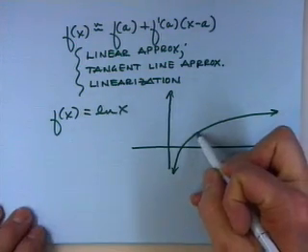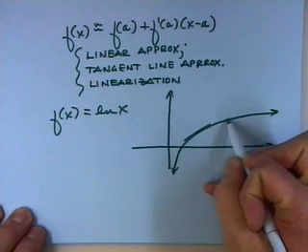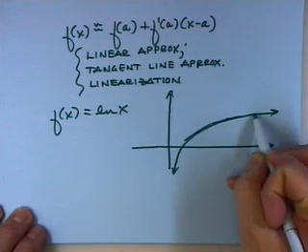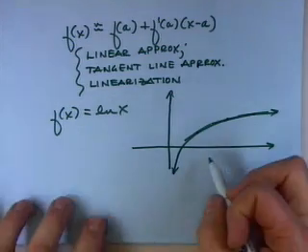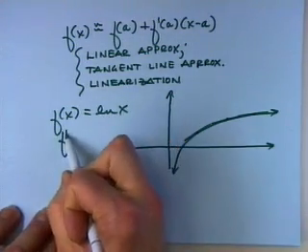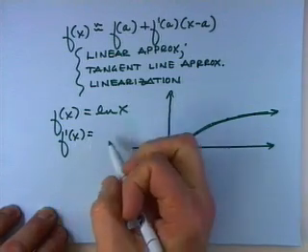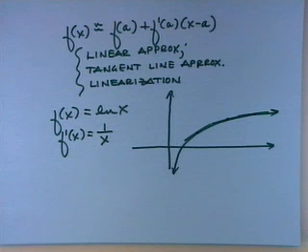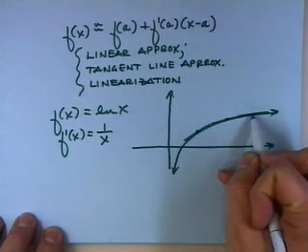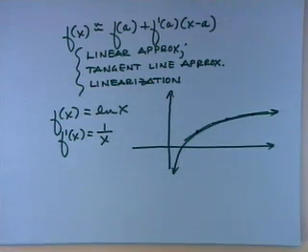As you move further out to the right, what happens to the slopes of these tangent lines? Approach 0. Okay, they gradually approach 0. So would it be a problem for you if I said that if this is the function, we'll derive this eventually, but I want to just tell you this for today. Would that be out of line with what you would think would be the case? Doesn't 1 over x, as you let x get larger and larger and larger, doesn't 1 over x approach 0?